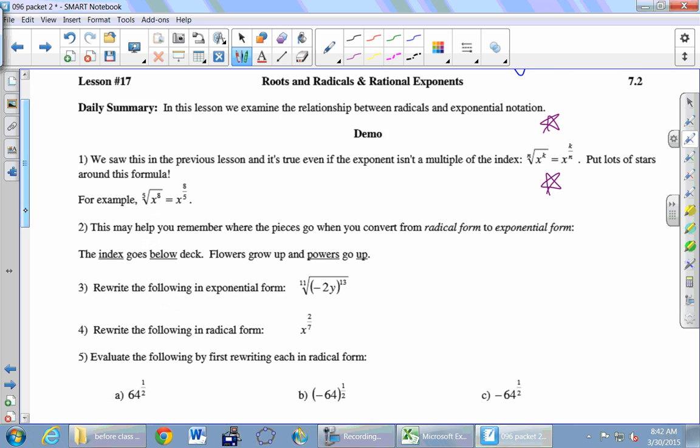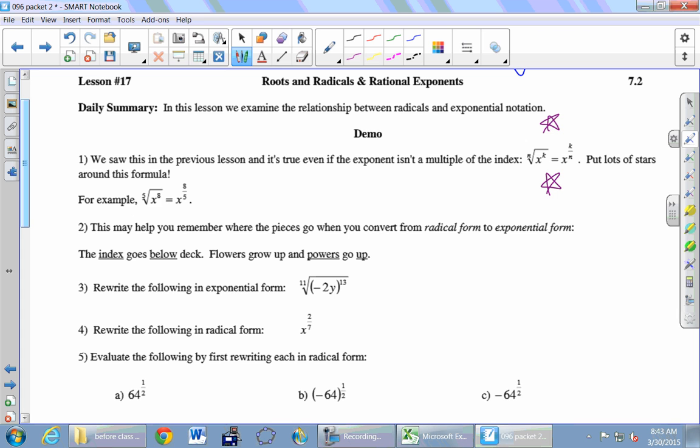So really there's only one way to go wrong here when you're converting between this radical and this exponent or the other direction, and that's to get the 5 and the 8 in the wrong spots. And so there's these little mnemonic devices. Again, I don't know if it's going to be helpful, but we'll just share them to make sure you know which one goes on top. So it says the index goes below deck.